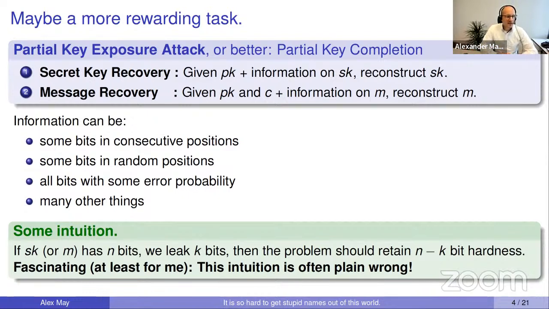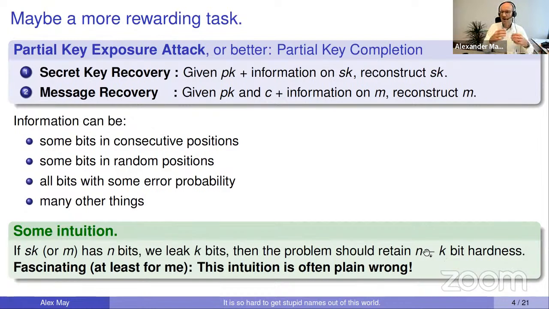And I want to discuss with you some intuition that will become important also during this talk. I will go back to this intuition several times. The intuition is as follows. If I give you a secret key with n bits, and I leak you k bits out of these n bits, then recovering the whole secret key should be as hard as if I had initially chosen a secret key of n minus k bits.